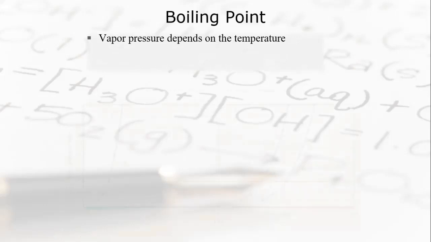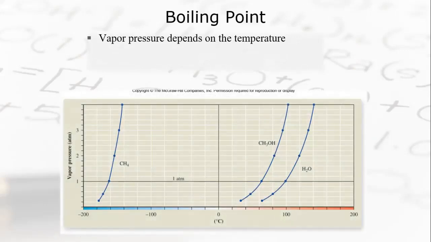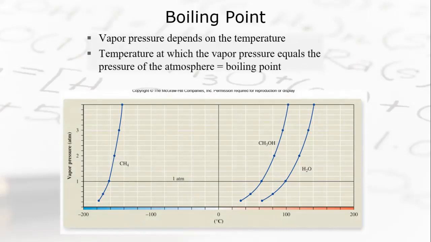Now, we also have another property called the boiling point. We said the vapor pressure depends on the temperature, right? And if we build these famous vapor pressure curves, we can tell the difference between different kinds of substances. And we said that the temperature at which the vapor pressure equals the pressure of the atmosphere is the boiling point.